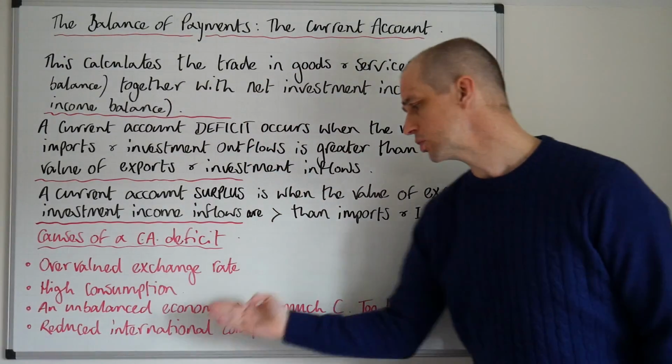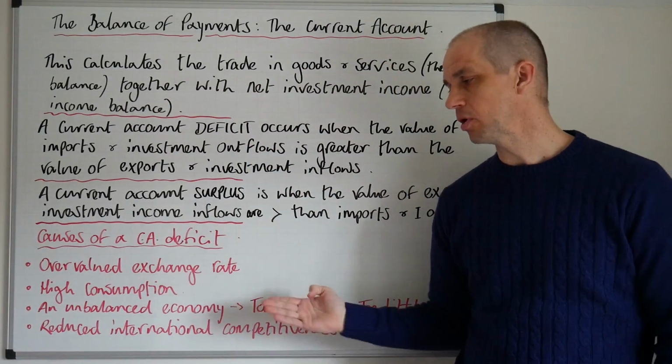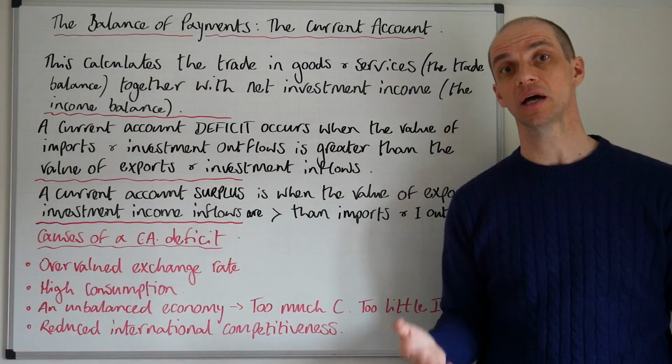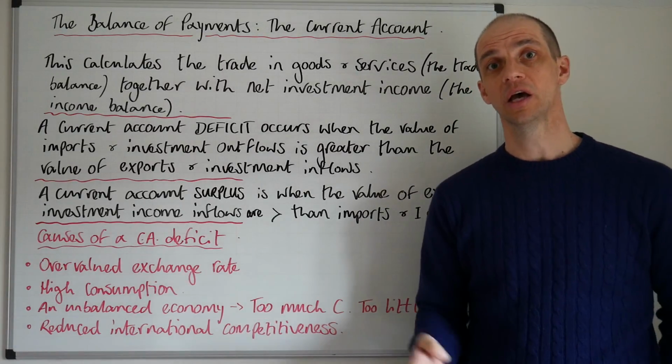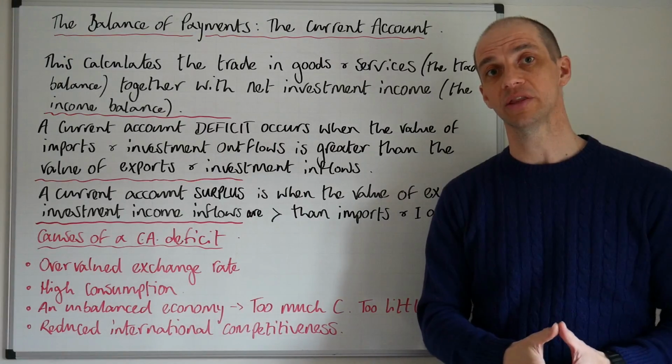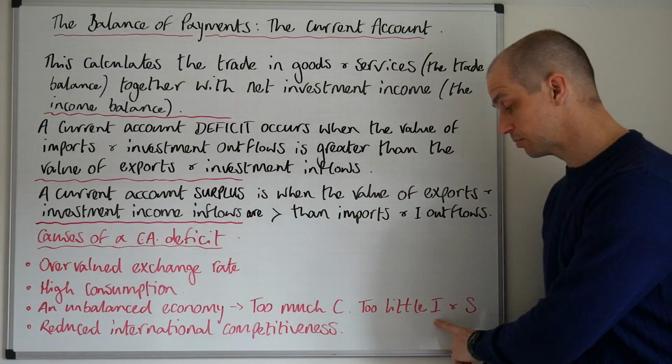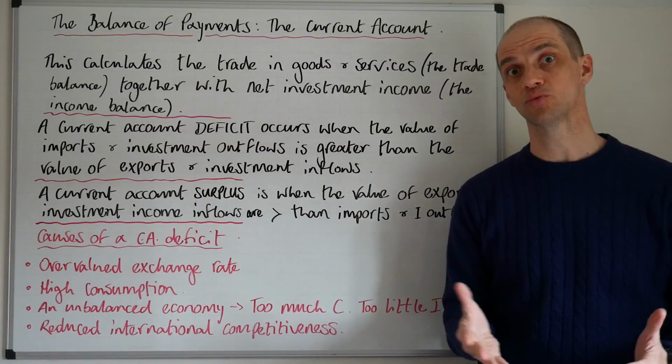Okay, there's also the possibility as well that a country's international competitiveness may be being eroded, and there's a number of reasons as to why this could happen. Investment is one of those potential reasons.